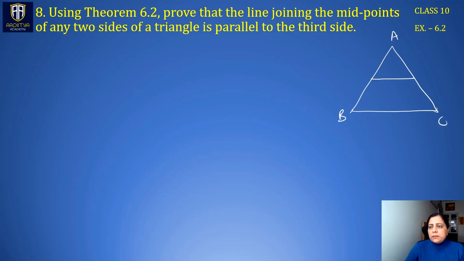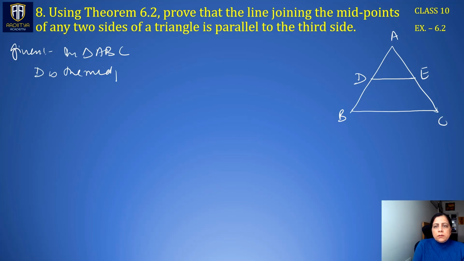Here it is given that this line DE is joining the midpoints of both the sides, AB and AC. What is given to us is, in triangle ABC, D is the midpoint of AB. Similarly, E is the midpoint of AC.